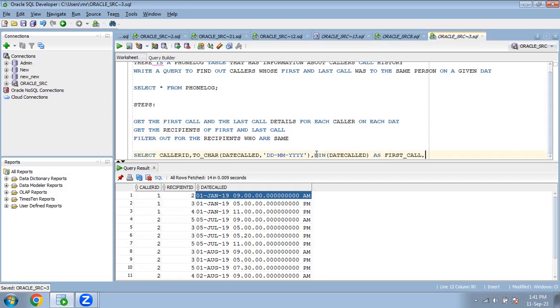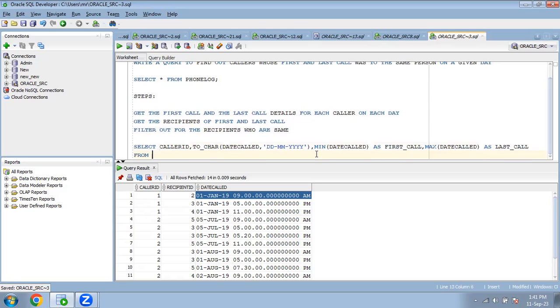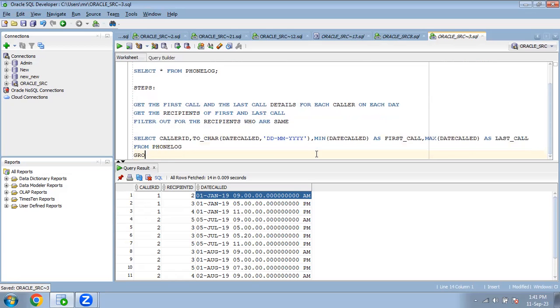Next, get the maximum timestamp of that particular day, the maximum of that date call. That means it is the last call detail, from phone log, and I want to group it by each caller ID and each day.